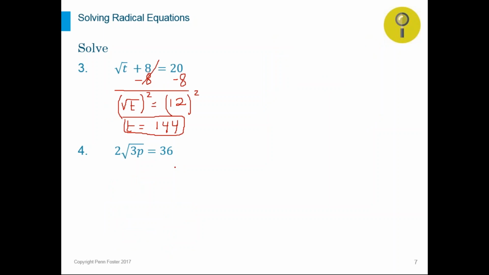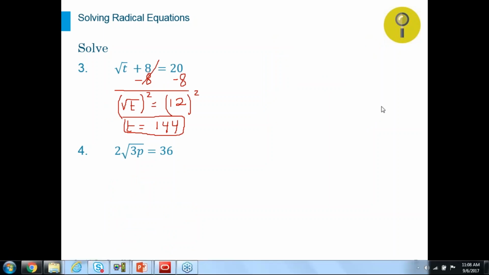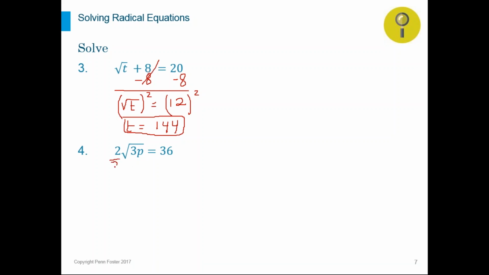So back to these equations where we have to prepare the equation first. We have 2 times the square root of 3p equals 36. I'm not going to be able to square. I need to prepare the equation. Isolate the radical expression by dividing by 2 on both sides. We're going to have on the left-hand side the square root of 3p equals 18.